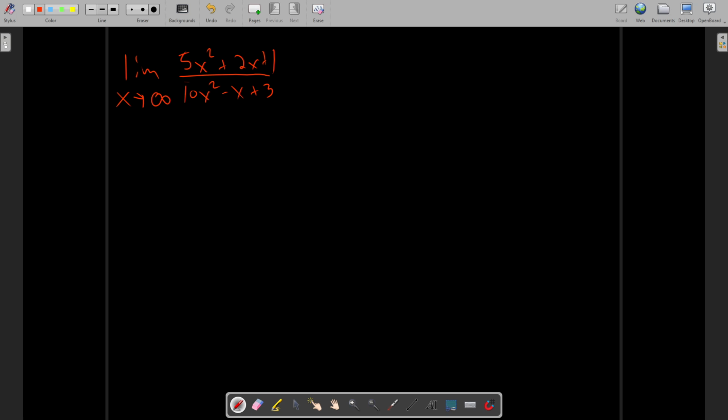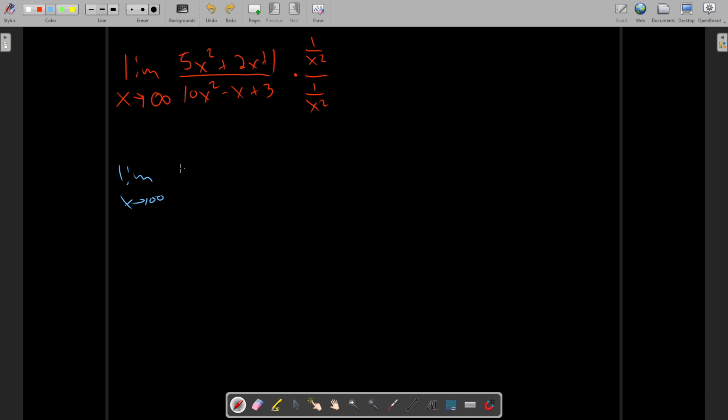And so I bring this up because you'll find that the rules for finding horizontal asymptotes kind of apply to this question here. So what I mean by that is let's actually multiply top and bottom both by 1 over x squared. So this would go to the limit as x approaches infinity of 5x squared over x squared, which would just go to 5.